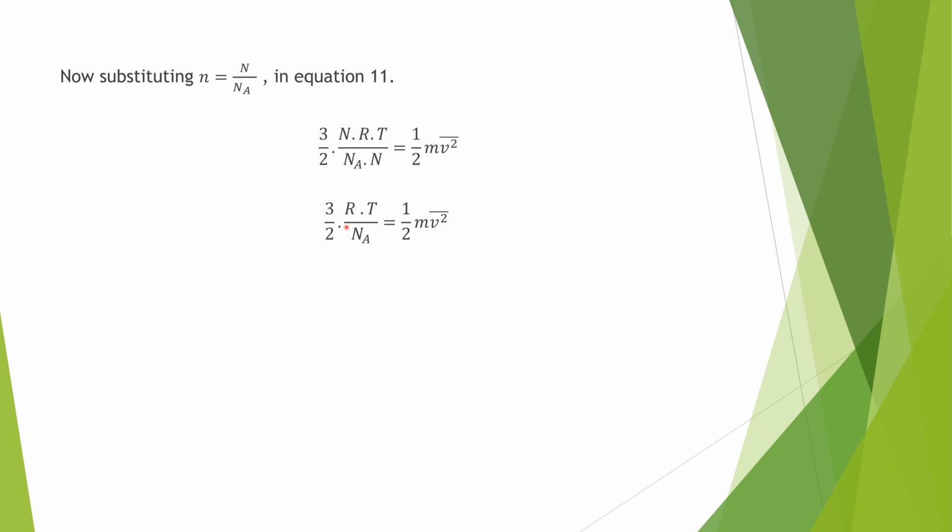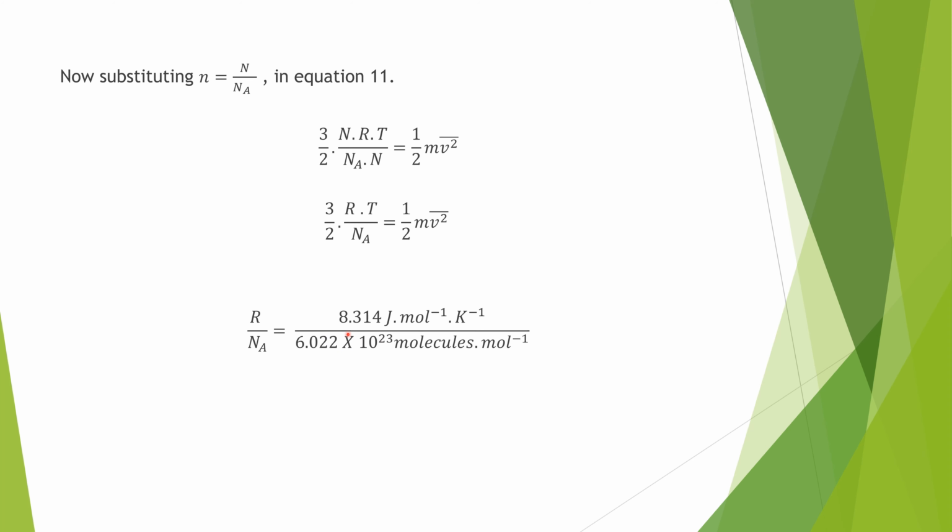So this R is the general gas constant, or universal gas constant, and this Na is Avogadro's number. We know the value of both quantities. So what we do, we just put the value of R and Na.